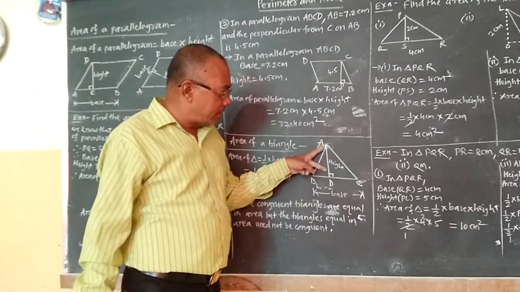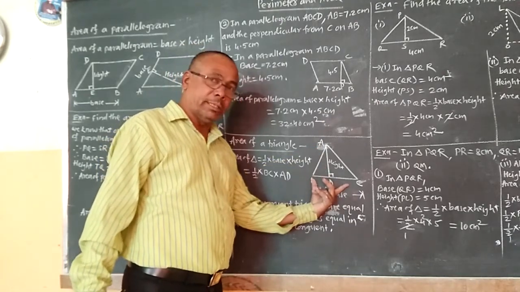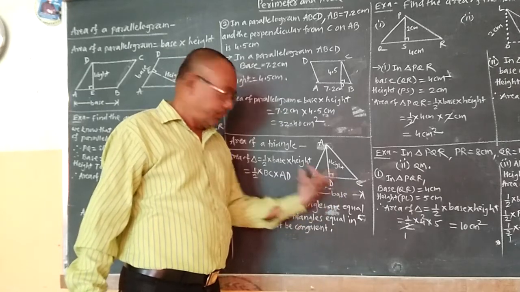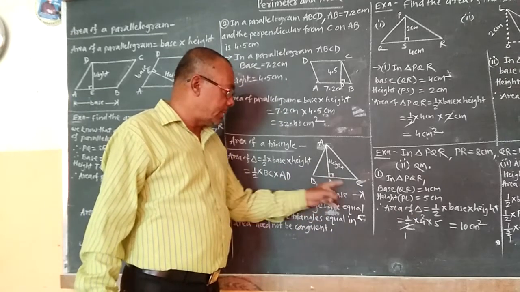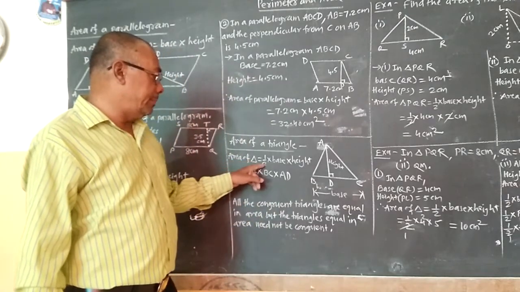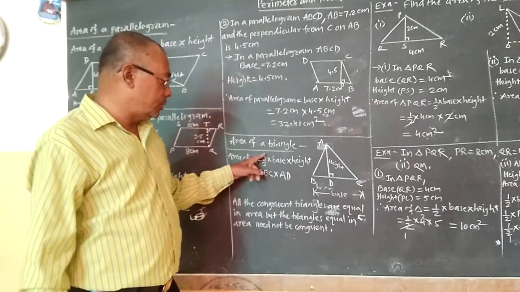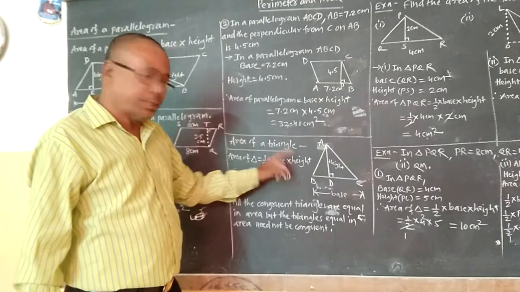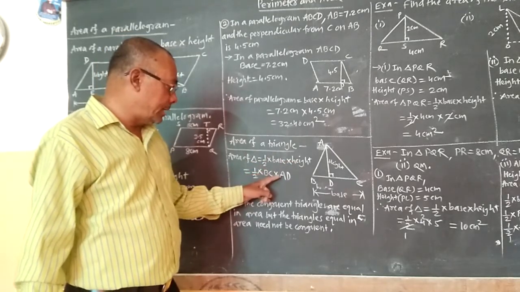So here AD is the height and BC is the base. Here the area of triangle ABC is equal to 1/2 base into height, that is equal to 1/2 BC into AD.